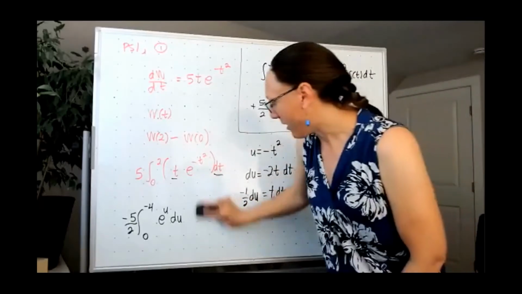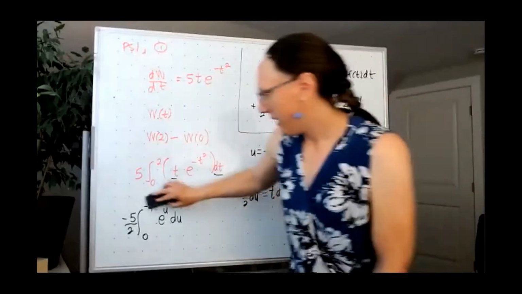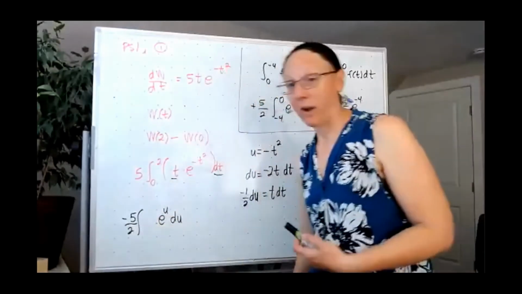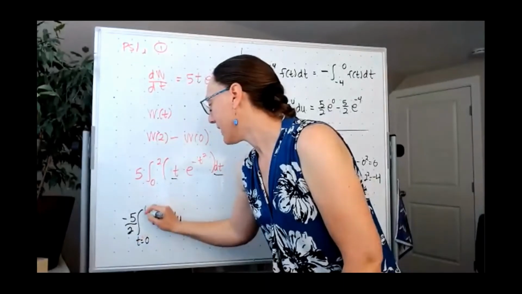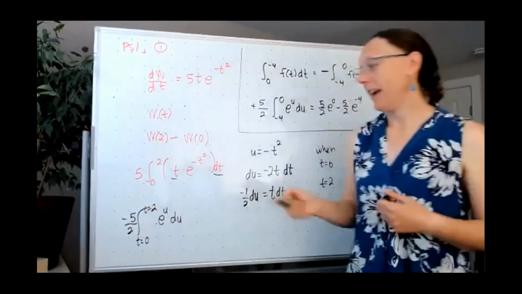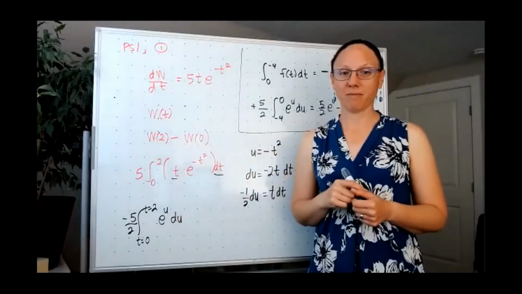So if I chose not to change those bounds, then over here, I'm going to write for myself t equals 0 and t equals 2. I'm doing that to remind myself I have to plug back in what t was.